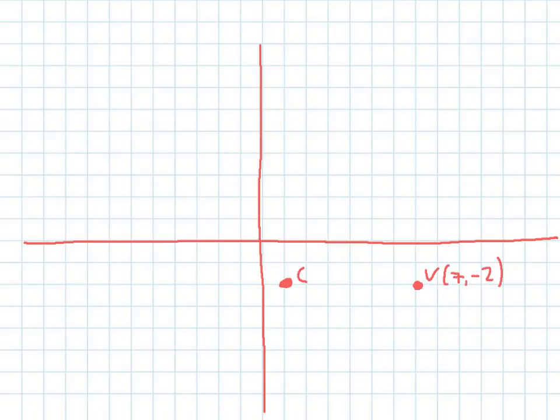And then your other vertex, okay, and then plotting your foci. So 1 plus 3 square root of 5 will be about 7.7. So it's a little bit further out from your vertex.